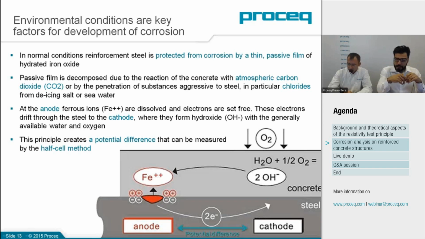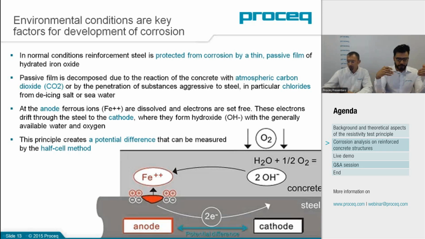This is something that we actually highlighted with exposure classes in the presentation on Tuesday as well. When we're trying to identify the areas where we could potentially have corrosion, we're trying to differentiate between our anode area and cathode area. Again, we're going to break it down for you in a little more detail later on.